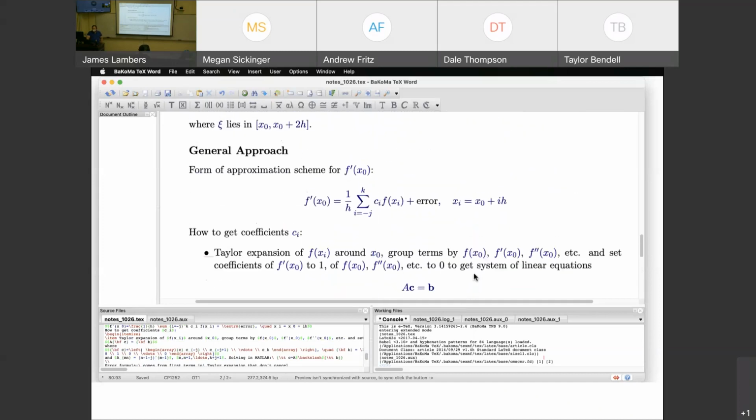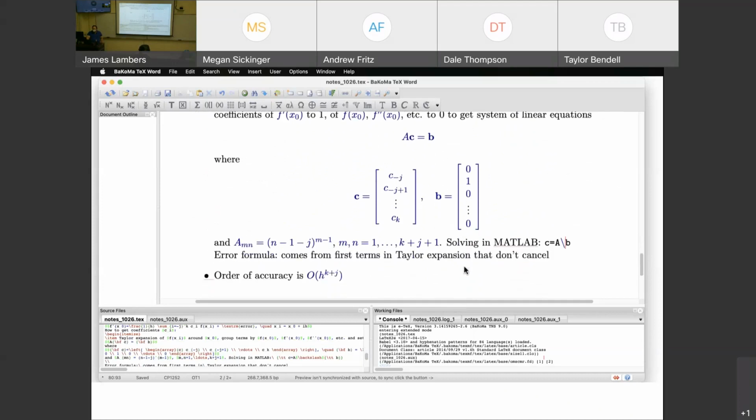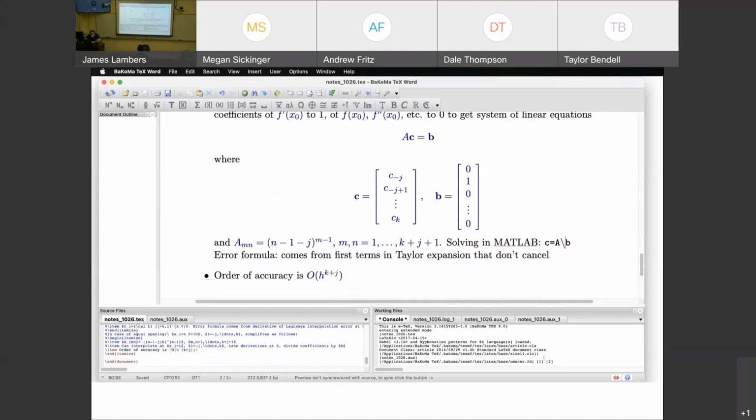And we did not have any points to the left of x naught, so j was equal to 0. So the order of accuracy was 2. Okay. So what I'll do now is carry out another example.